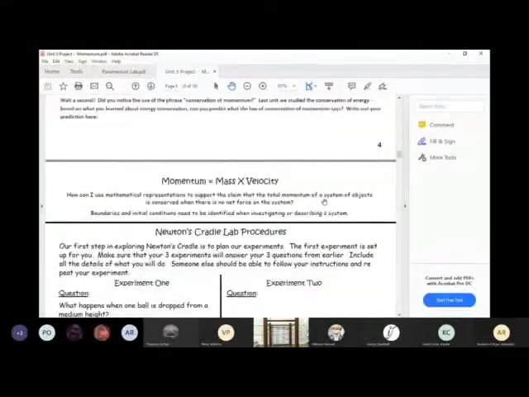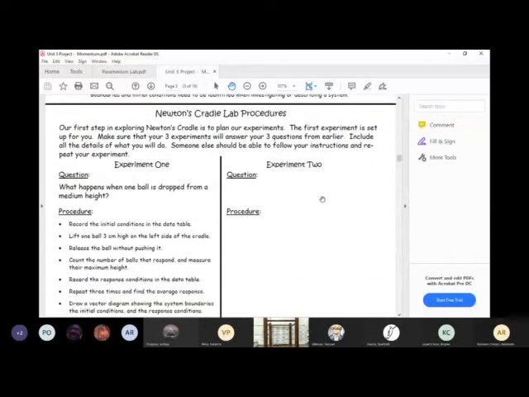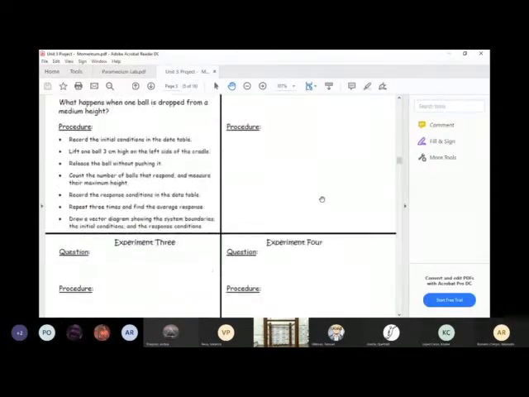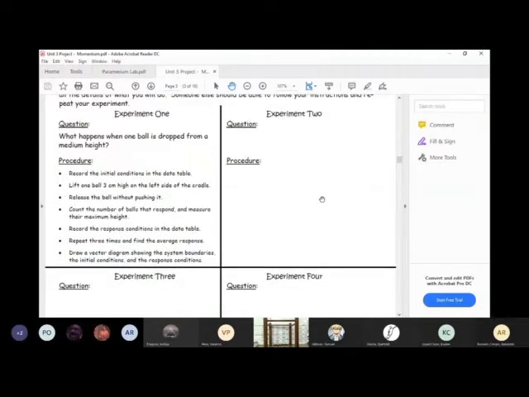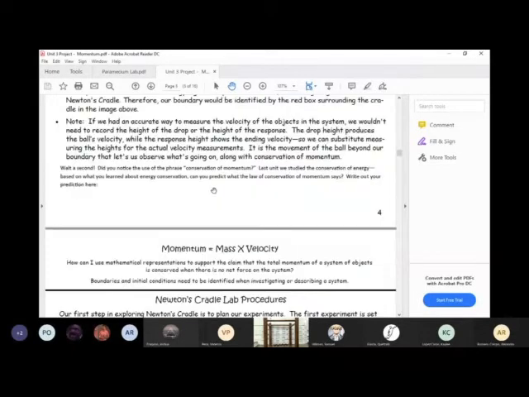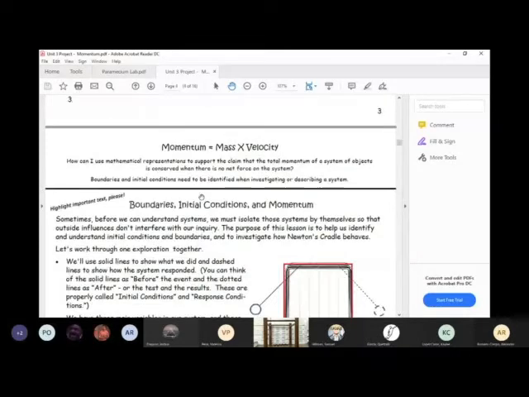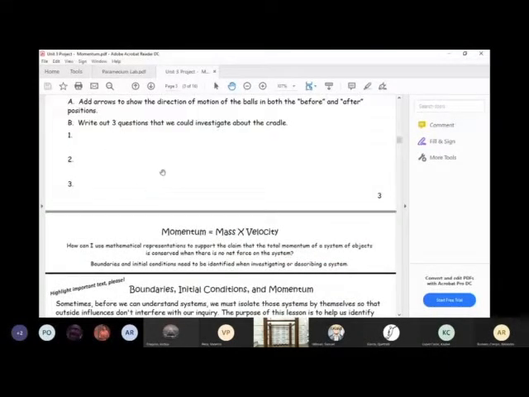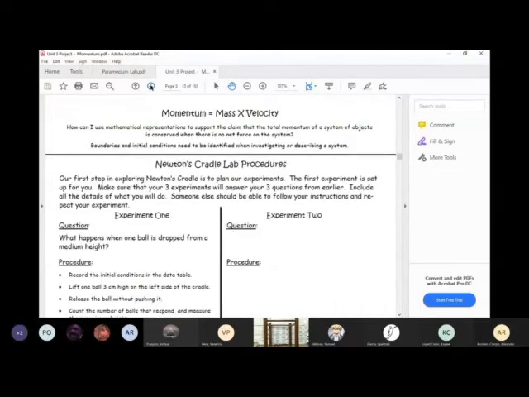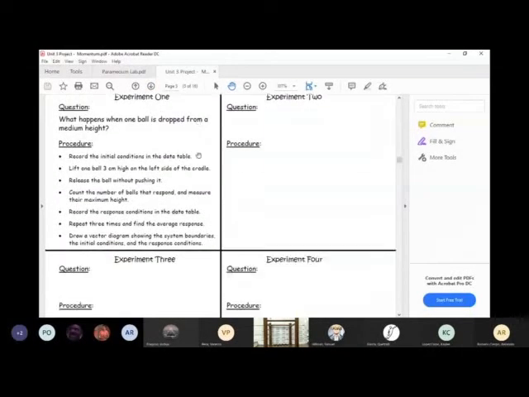So, last time I asked you to design 3 experiments right here. I designed one as a sample, and this is going to be our first experiment that we conduct today. We're going to follow these procedures. And I asked you to take the 3 questions that you asked on this page, the bottom of page 3, and basically transfer those to page 5.